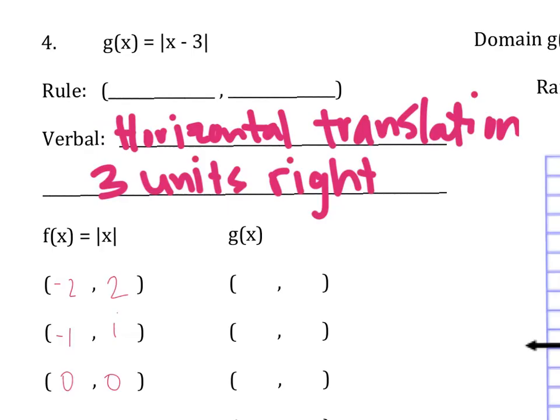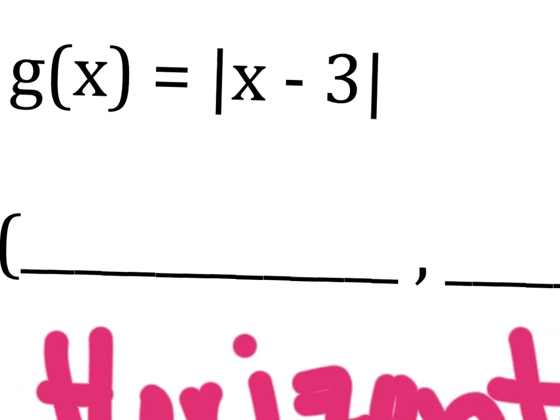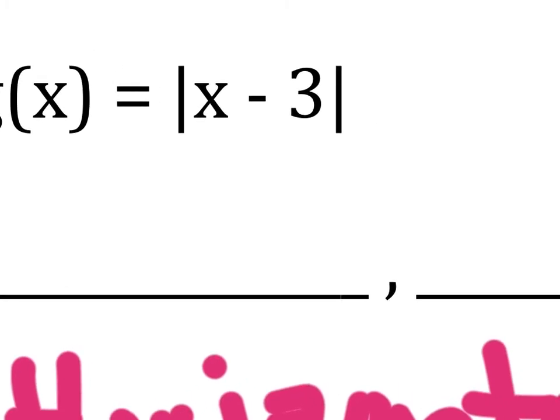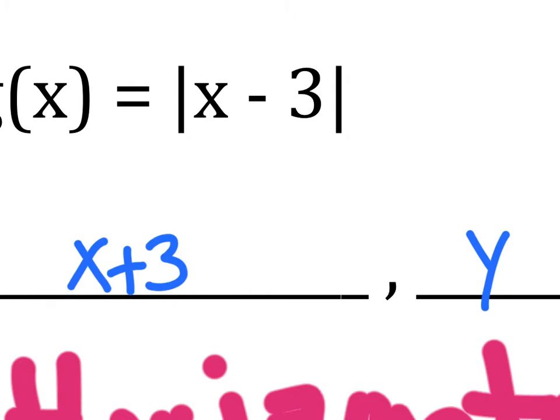And the next one we have will be a horizontal translation. So we're going to do x, absolute value of x minus 3 in parentheses, and a rule, since it's on the inside, is going to be x, and it's opposite the inside, so we're going to do plus 3, and there's nothing on the outside, so we'll do y.